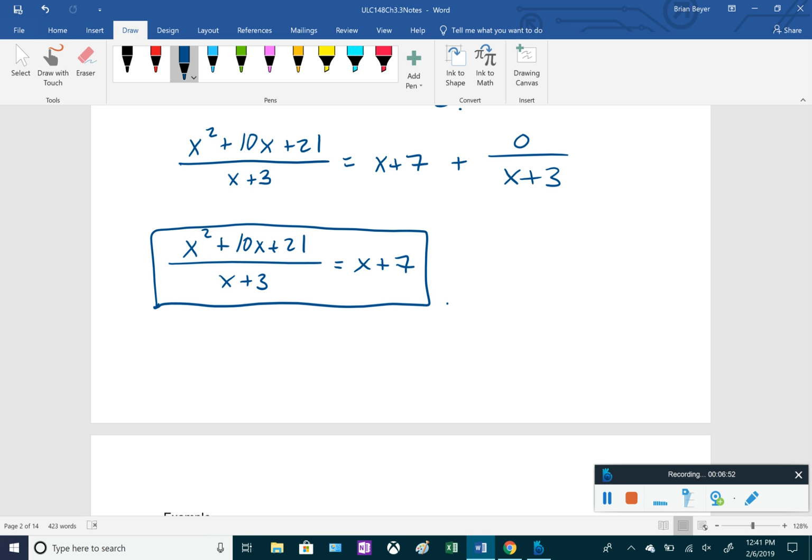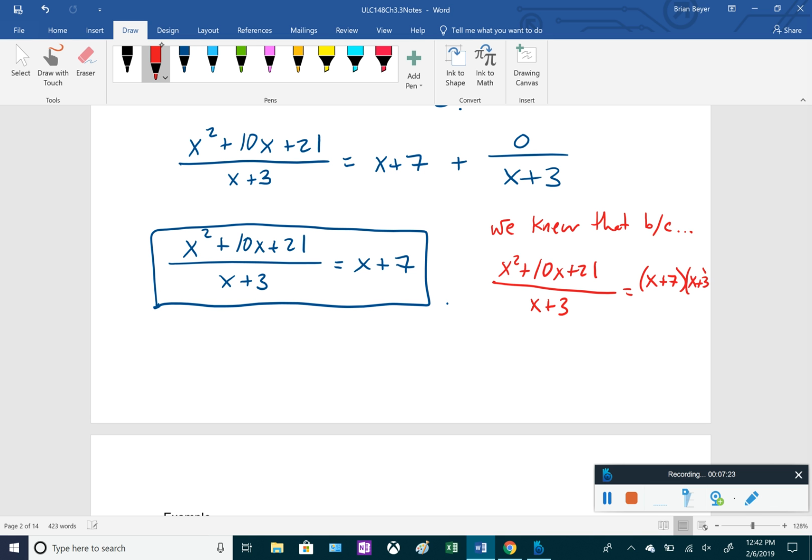So we actually knew that before without even doing long division. So I'm just going to do this on the side. We knew that answer, because if we start off with x squared plus 10x plus 21 divided by x plus 3, we can factor that numerator as x plus 7 times x plus 3 divided by x plus 3.